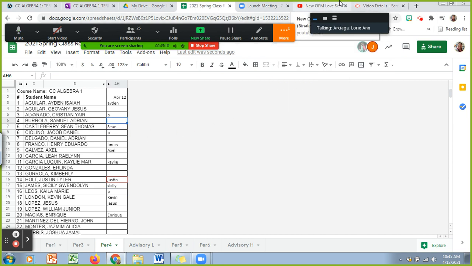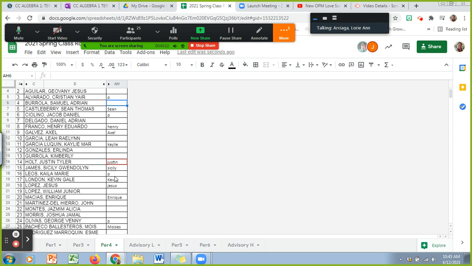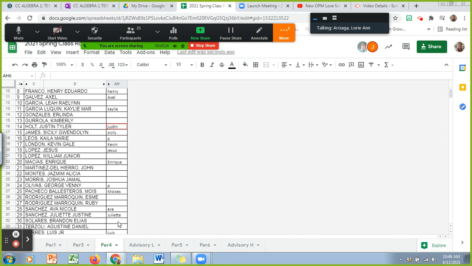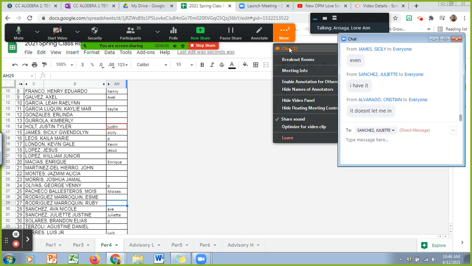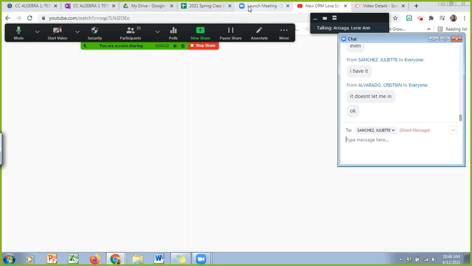If you are on your phone, I understand, but if you are on your Chromebook, you should be able to do this. And if I don't have the time to do that, I'm sorry, you are being marked absent.